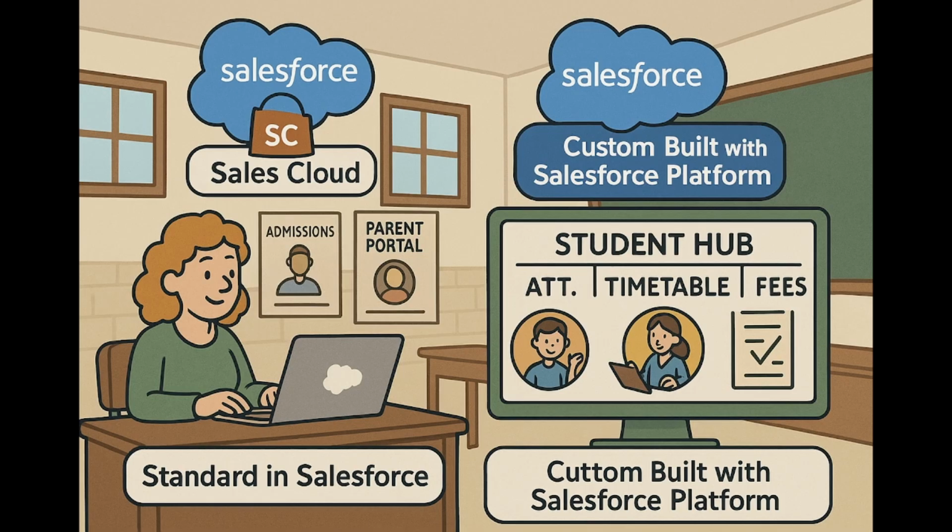Okay, let's take a real world example, which is a school. We already discussed school in Sales Cloud. So let's see now how a school comes up with a new requirement which is not fulfilled in the standard cloud, and we have to go for custom solutions.